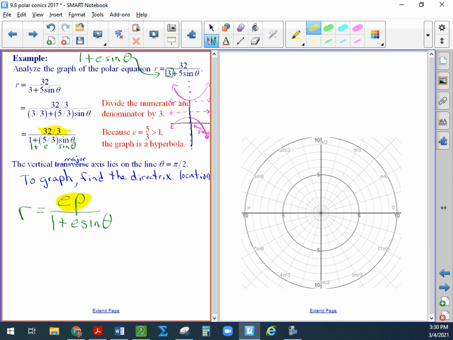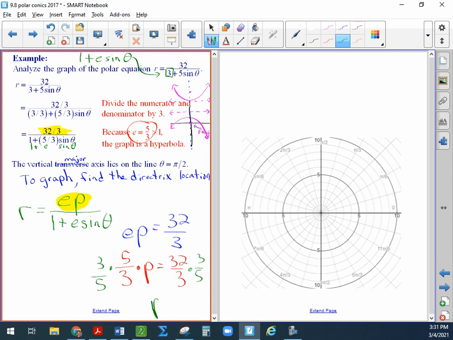And so ep has to equal 32 thirds, because those are both the numerator of the equations. And we said that e is 5 thirds. So 5 thirds times p is equal to 32 thirds. If I multiply both sides by 3/5, then p is equal to 32 fifths.